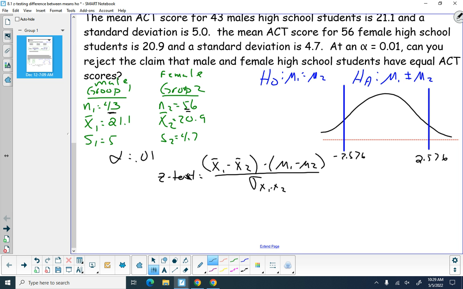Now the question is, how do I evaluate this? We're given x bar 1, x bar 2. But the second group here, we have mu1 minus mu2. We're not given any population means.